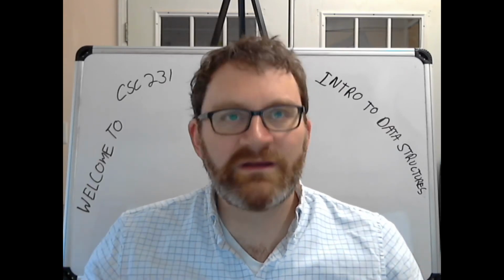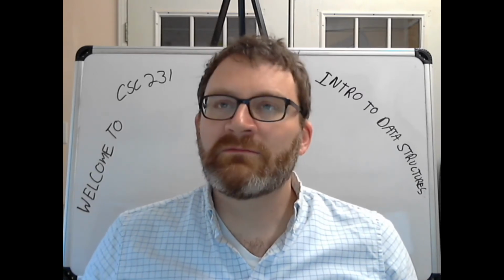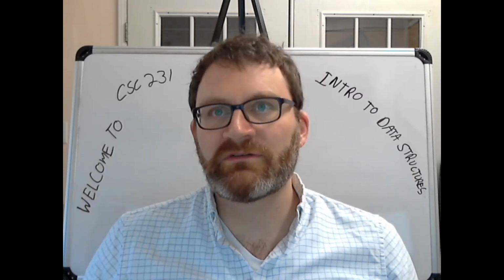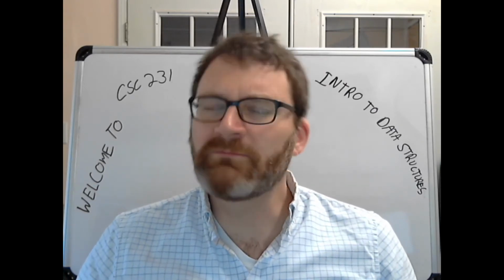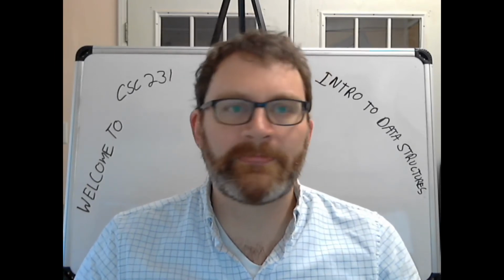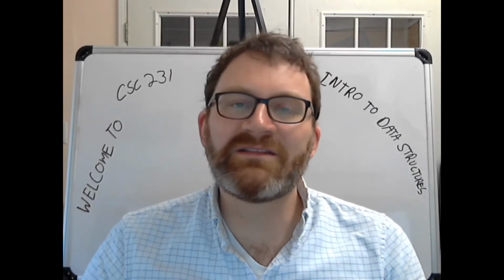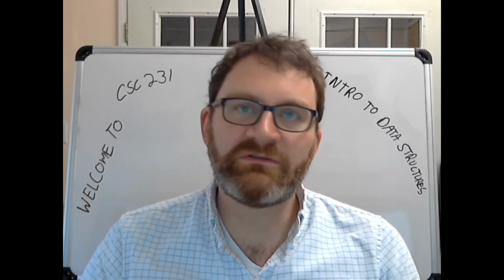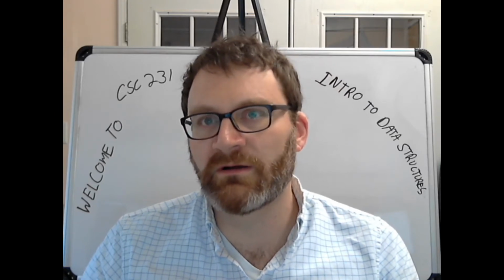Okay? So again, what's this class about? In 131, you learned the nuts and bolts of programming. In this class, you're going to learn how to build stuff, how to be just a little bit more mature in your programming. Okay? All right, so the stated learning goals of this course: how to use data structures and algorithms to solve common computing problems.